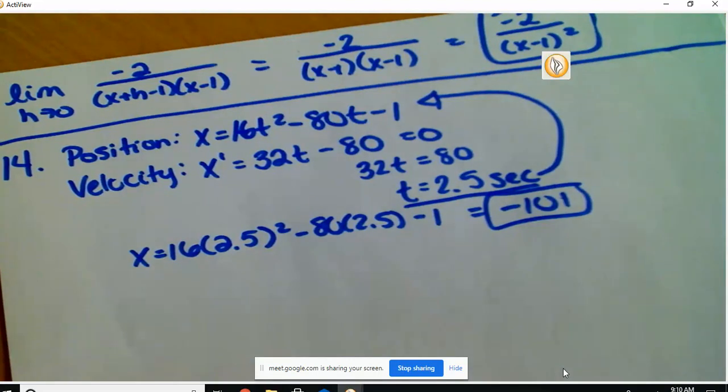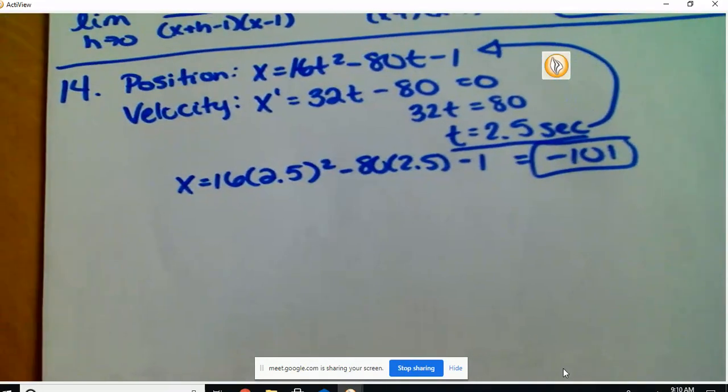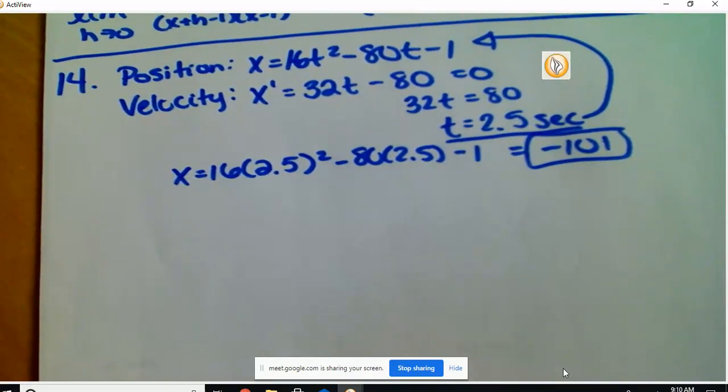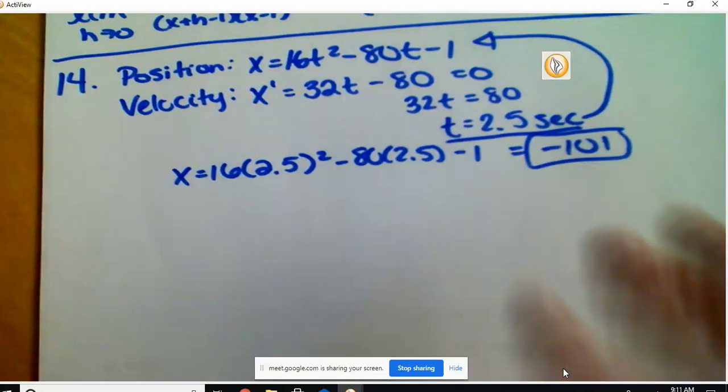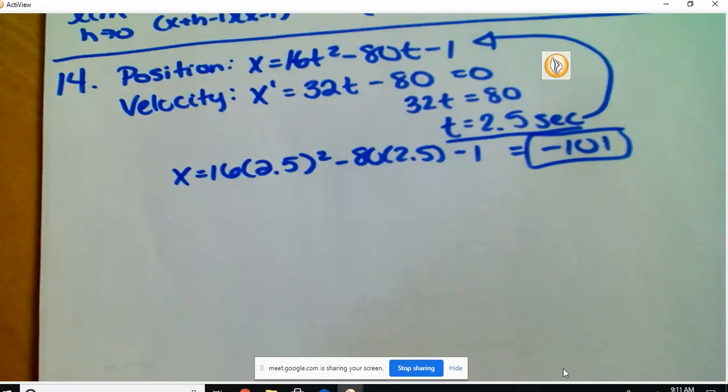Okay, second thing I asked for was average velocity from 1 to 4 seconds. We've talked about two different types of velocities, average and instantaneous. Instantaneous was when we made the tables and looked at what value it was approaching. It's like the slope of the tangent line. Average is just a slope between 2 points. It's like a secant line.